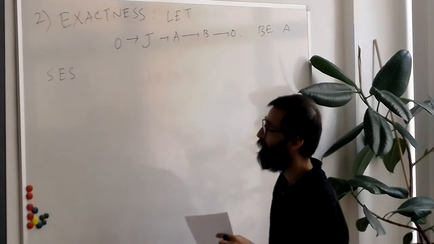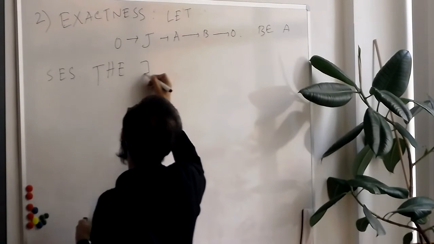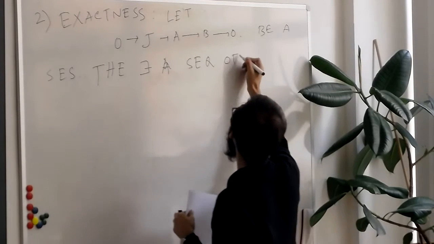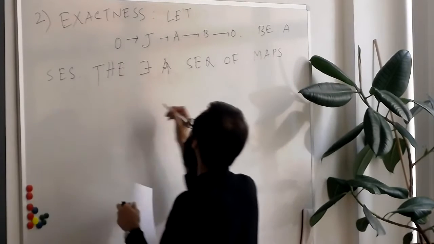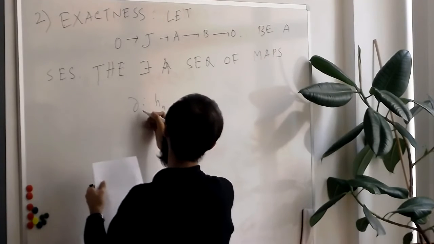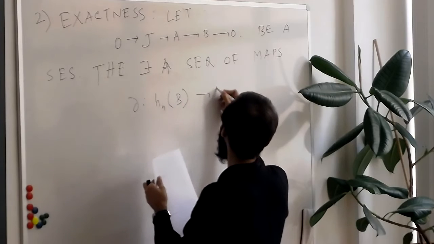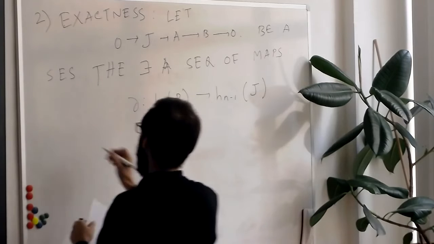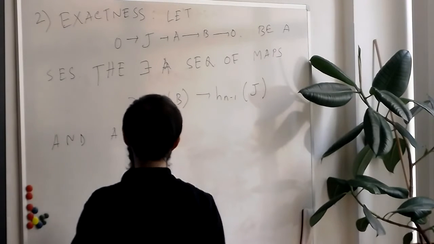Essentially, A mod J is isomorphic to B. Then there is this sequence of maps, there is an index, from H plus 1 to J, and a long exact sequence.